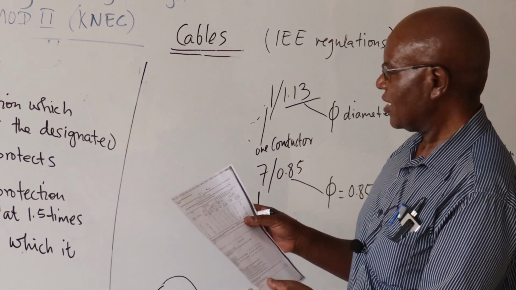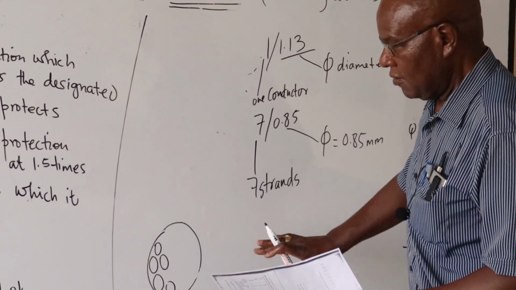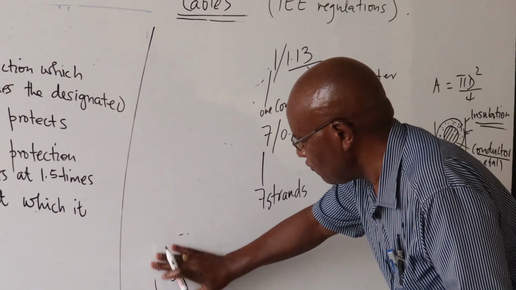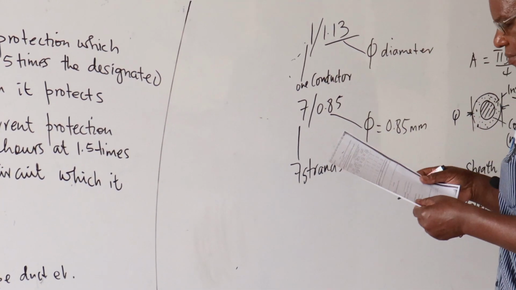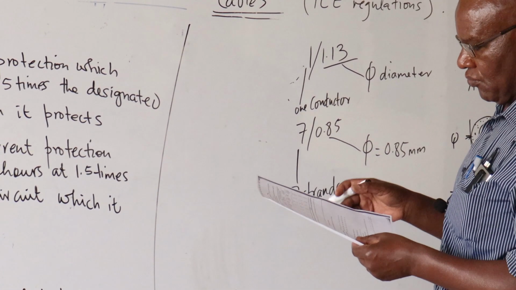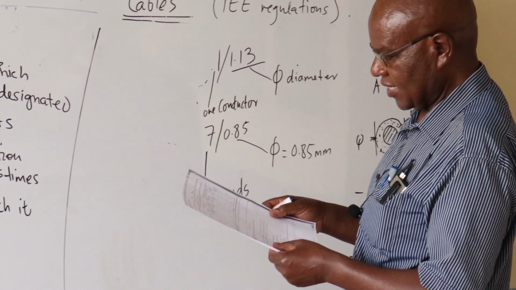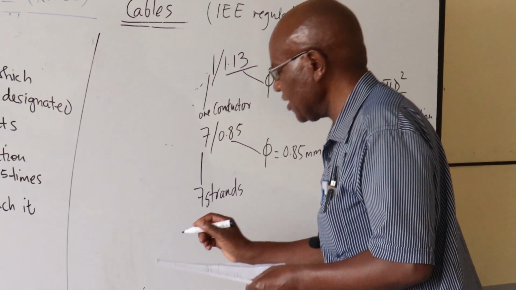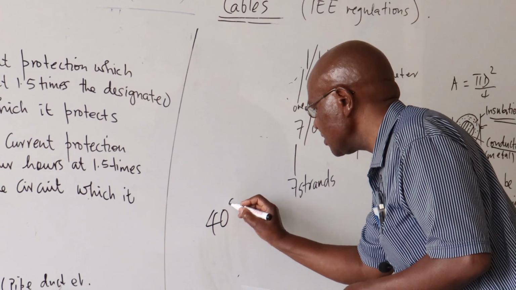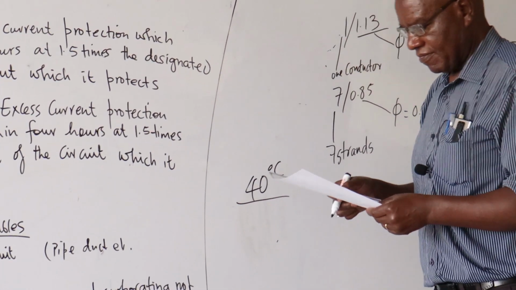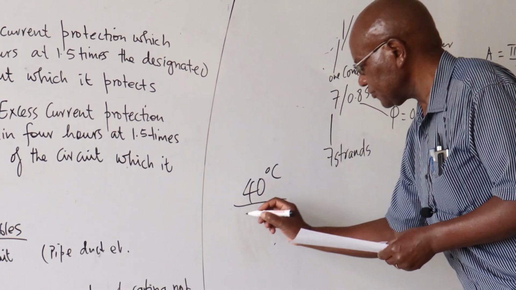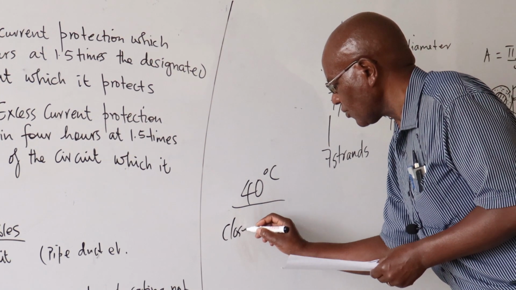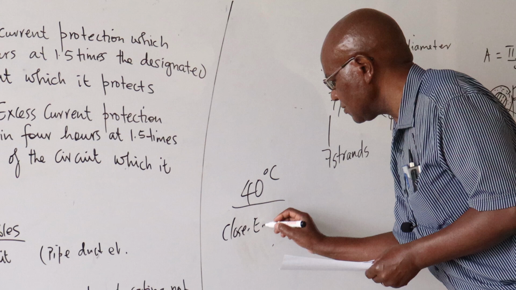So if we work out a small example here, before we move on to see how we apply these factors, maybe you have got a lighting circuit operating at 40 degrees centigrade. And let's assume we have got close excess current protection.